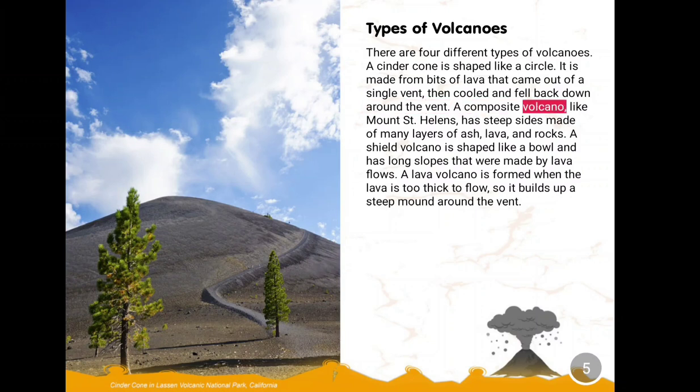A composite volcano, like Mount St. Helens, has steep sides made of many layers of ash, lava, and rocks. A shield volcano is shaped like a bowl and has long slopes that were made by lava flows. A lava volcano is formed when the lava is too thick to flow, so it builds up a steep mound around the vent.